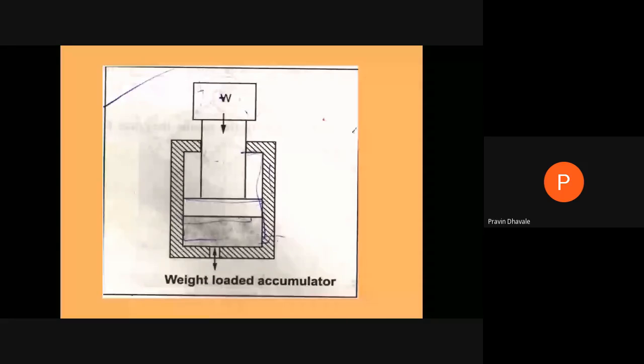Where are these weight loaded accumulators used? They are mainly used for limited applications such as stationary equipment like heavy duty presses, where large volumes are required with high pressure. Means for a heavy duty hydraulic press, we require the weight loaded accumulator. Are you getting construction, working, advantages, limitations, and applications of the weight loaded accumulator?